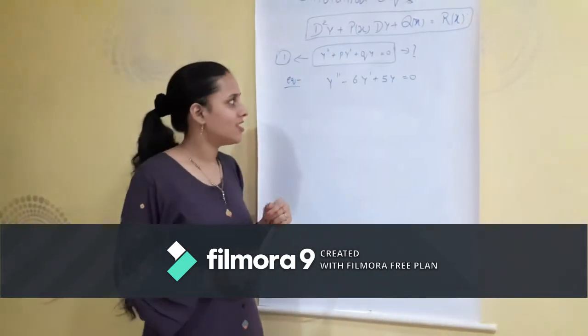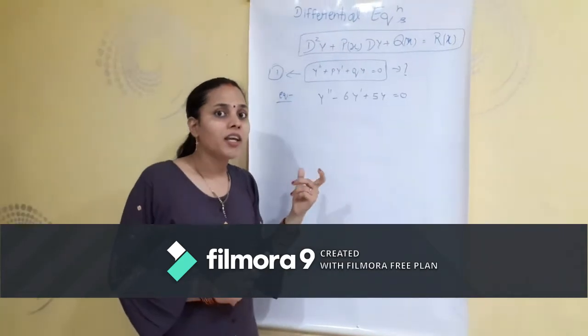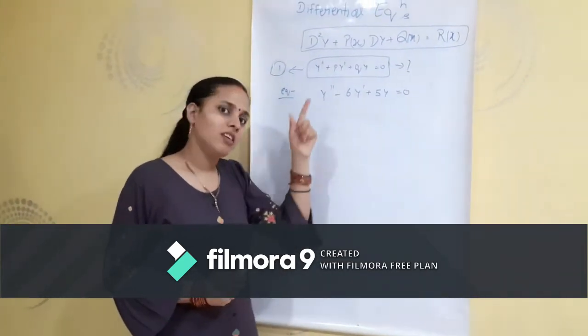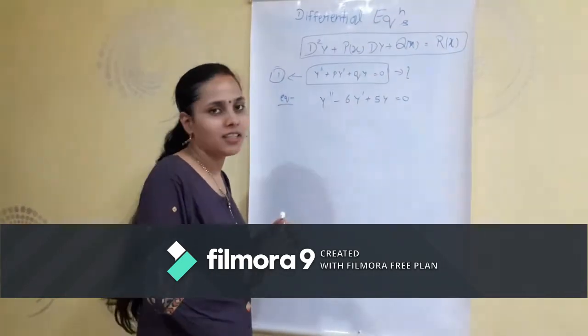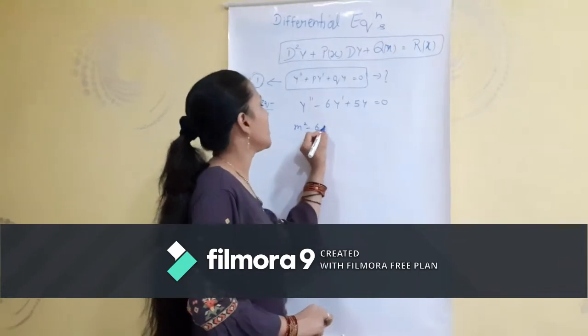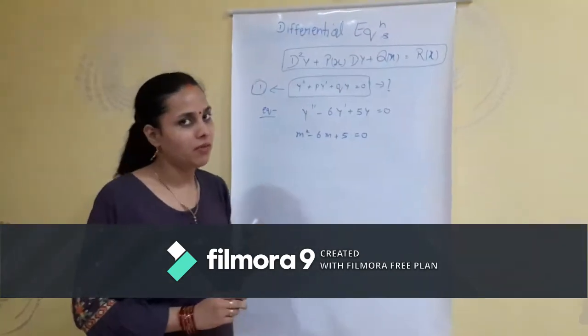How do we do that? Similarly, we consider that y equals e to the power mx is the solution of this differential equation. Then we replace it here, and I will write the final result directly: m squared minus 6m plus 5 equals 0. This we get after replacing.